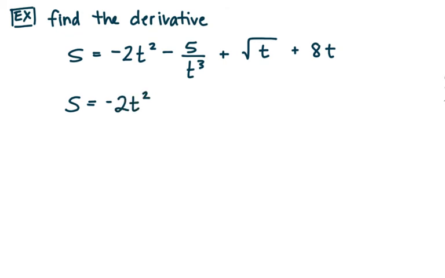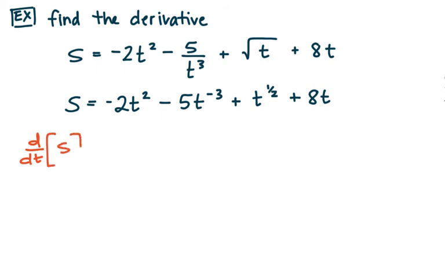So that's negative 2t squared. I'm going to write that t cubed in the denominator, I'm going to move that up, and that is minus 5t to the negative 3. I'm going to write this root t, that's a square root, or rather t to the 1/2 power, and then plus 8t. So here, now when I go to take my derivative, I'm going to say the derivative with respect to t of s.